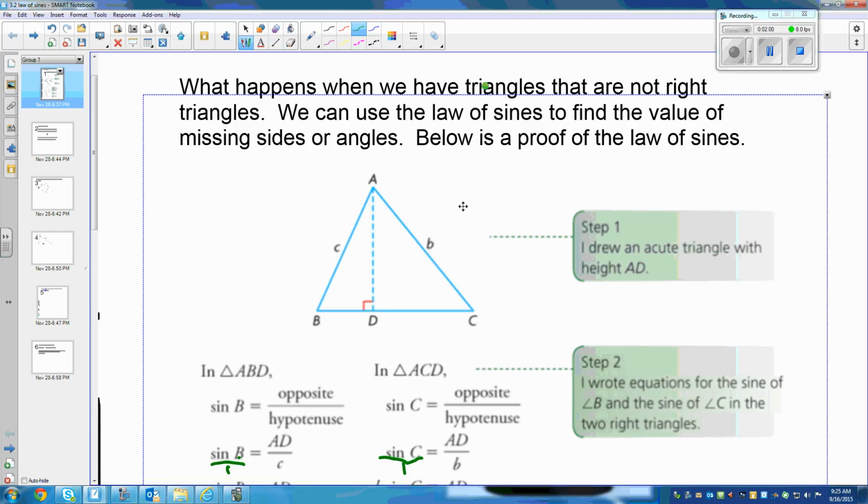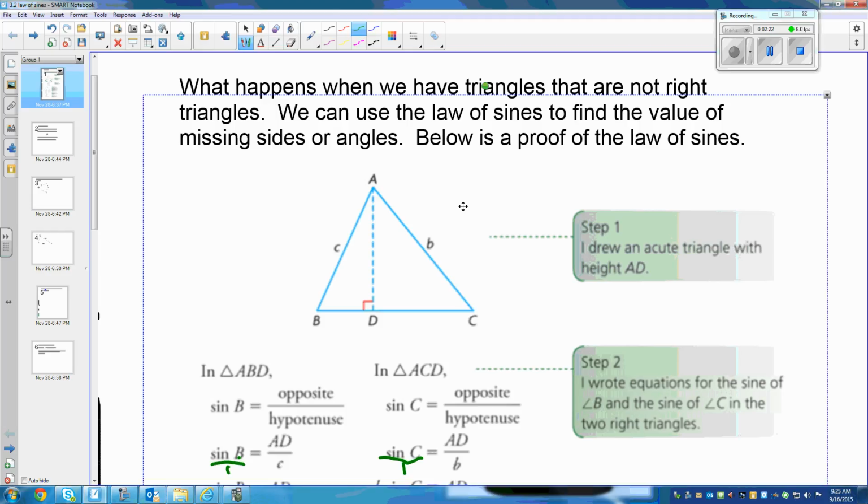A 90-degree angle. So we now cut triangle ABC into two smaller triangles, ABD and ACD.